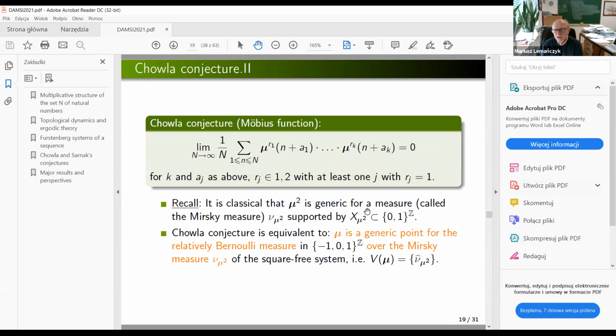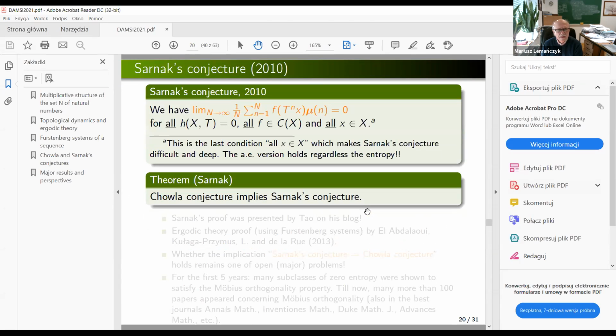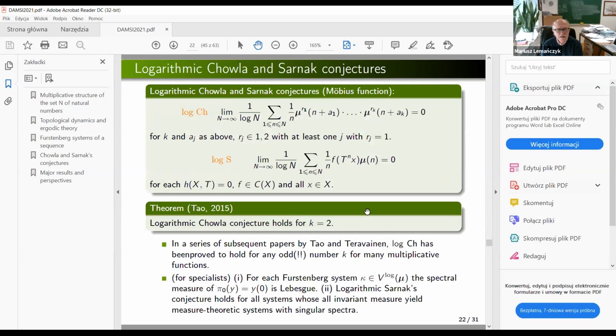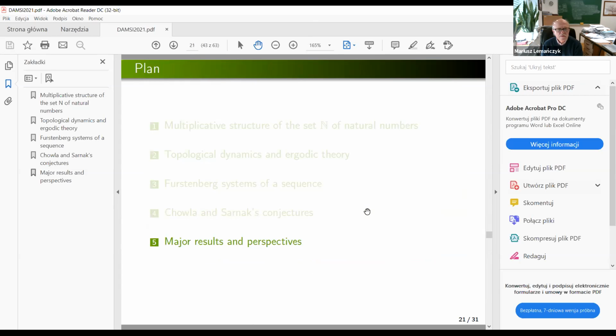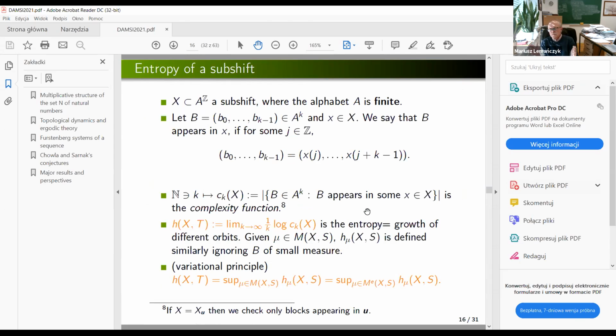Okay, so your question was about topological entropy, which was defined, let's say, in the case of subshifts. So if you have a subshift, let's say you have just two symbols, just to simplify the reasoning here.